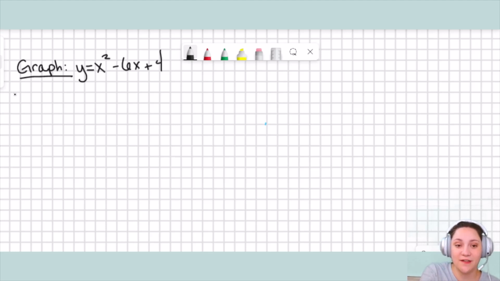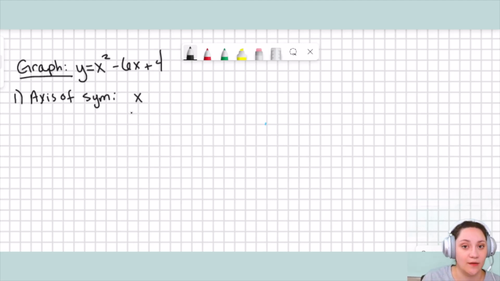And so the first piece of the puzzle that we're going to find is the axis of symmetry. And the axis of symmetry, remember that we write that as the equation of a vertical line, which is x is equal to something. And we have a formula for the axis of symmetry that we can use.